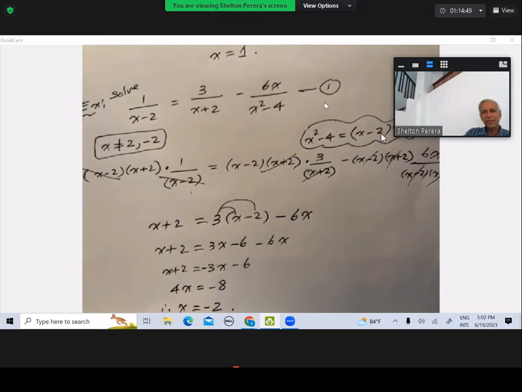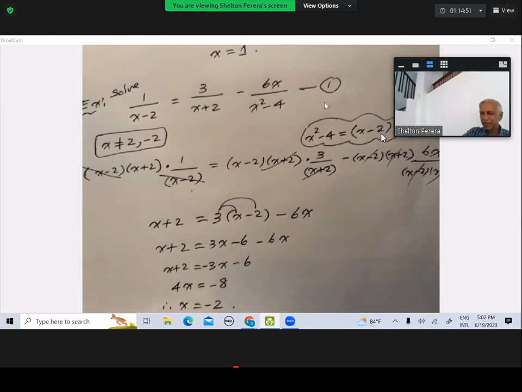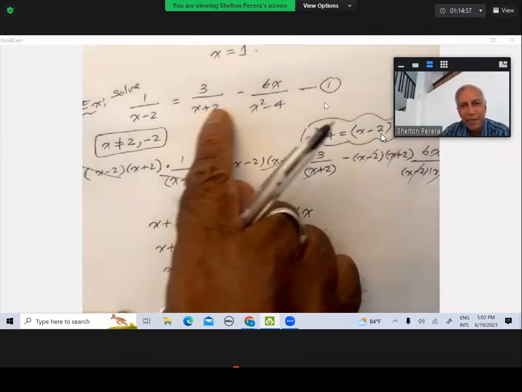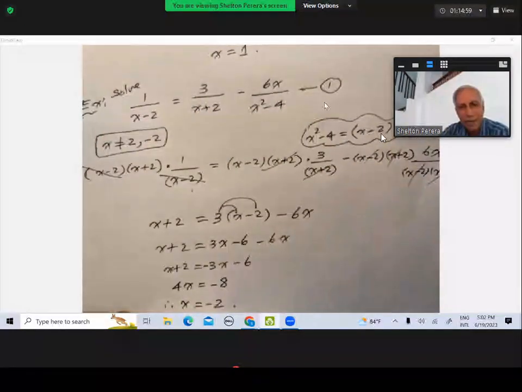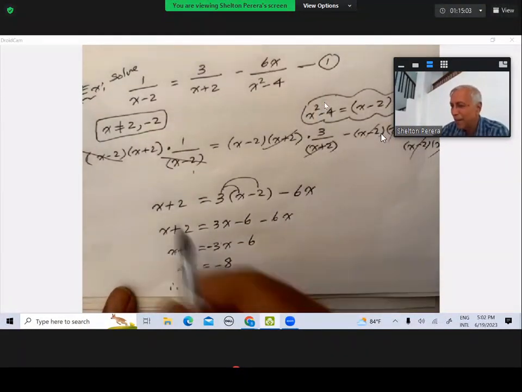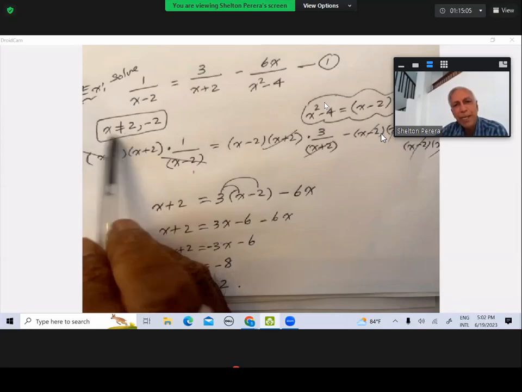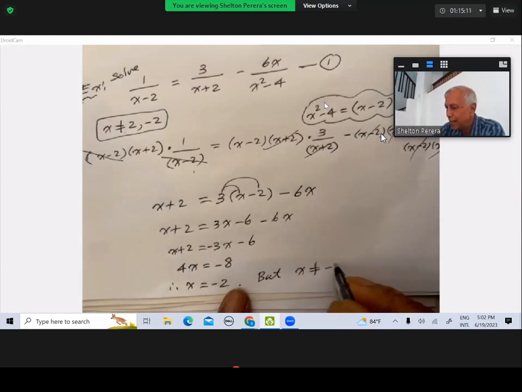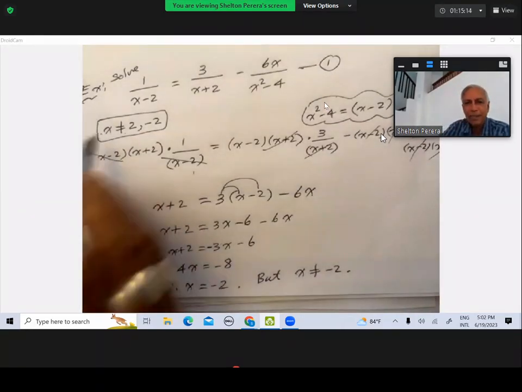What are the solutions? Can you say x equals minus 2 is a solution? No, when x is minus 2, this is undefined. No equation. Now, after solving, we get x equals minus 2, but we know x is not equal to minus 2 here.